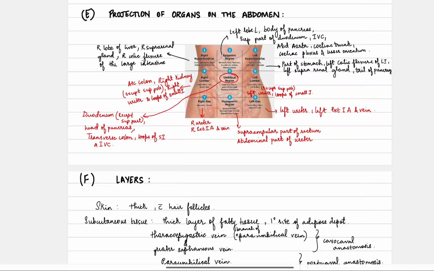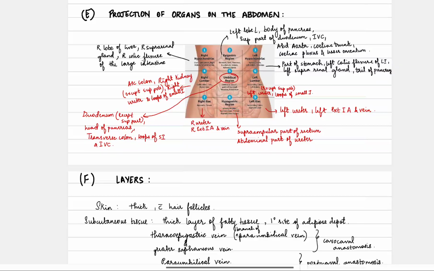In the right iliac region, there are the right ureter, right external iliac artery and vein. In the hypogastric region, there are the supraampullary part of the rectum, abdominal part of the ureter, distal part of the sigmoid colon, and urinary bladder.